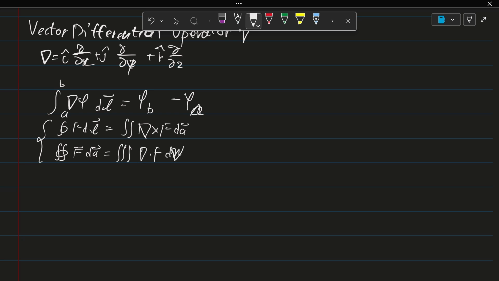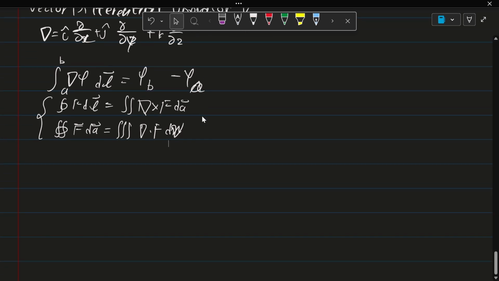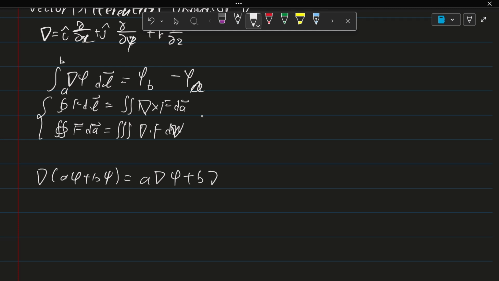And also, the vector differential operator is linear, meaning that you could get something as follows. The gradient of phi plus psi would just be these two things. If you take this for the divergence, you could get this to be such.